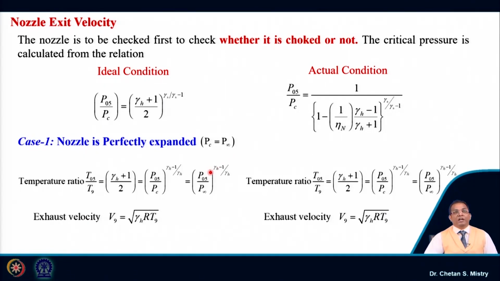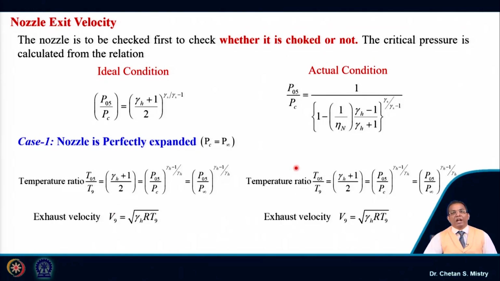Under that condition we can write our temperature ratio T05 by T9 as gamma plus 1 by 2, in terms of my pressure ratio. In place of Pc I will put my P infinity. This will be helpful for calculating the static pressure at the exit of the nozzle. Once we know our static pressure, we can calculate our exhaust velocity.